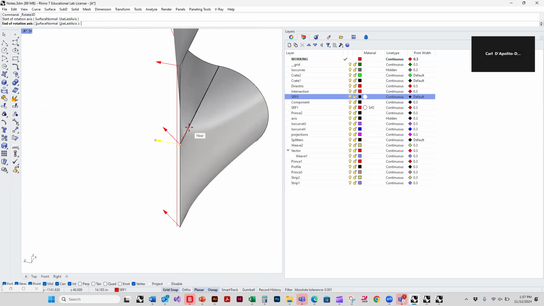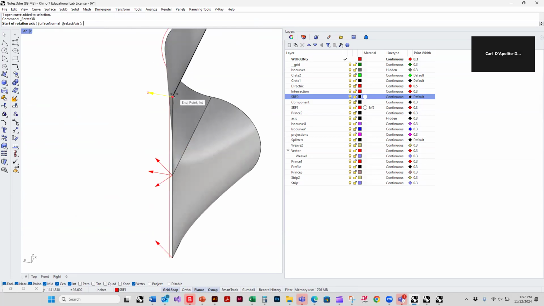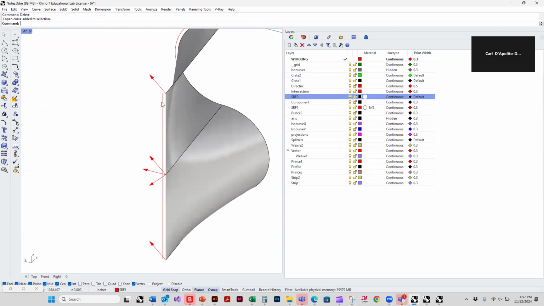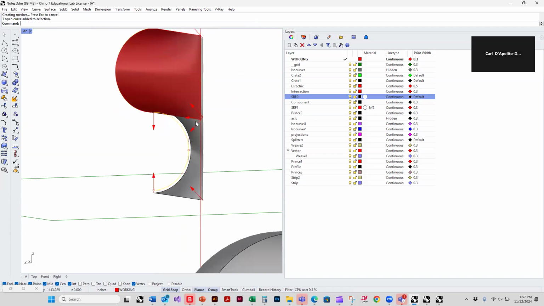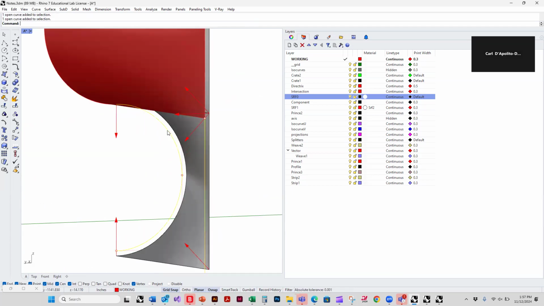To rotate these, and then to loft and produce your own version of the surface over there.